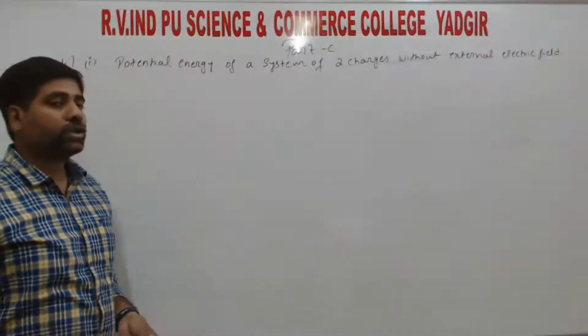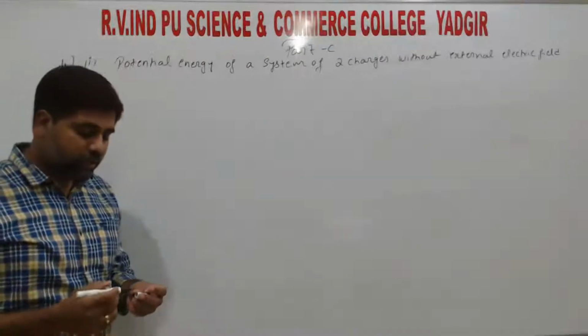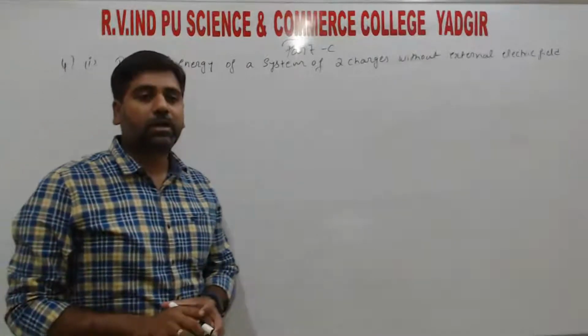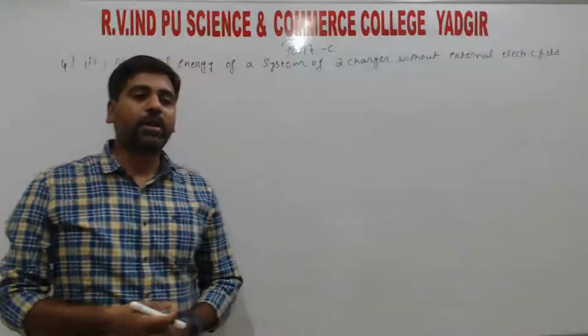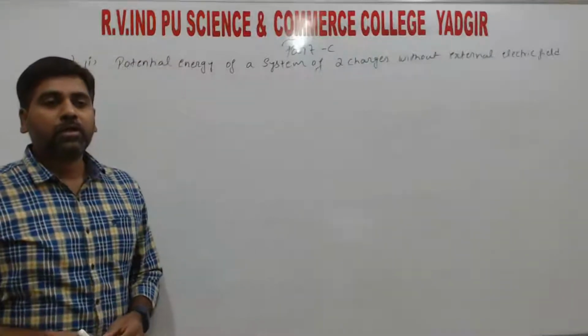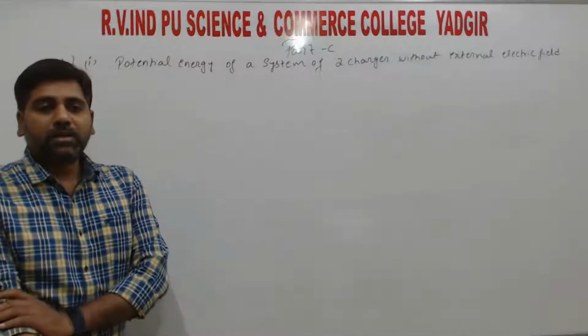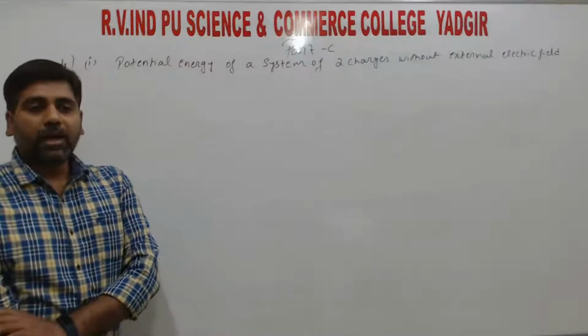So what is potential energy? Potential energy is the total amount of work done in bringing a unit charge from infinity to any point, against the electric field, without any acceleration.